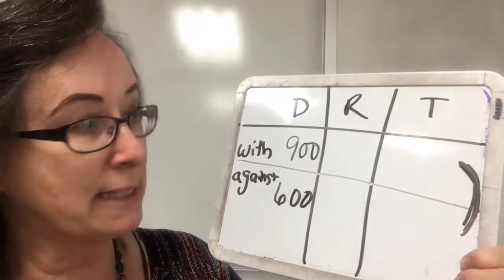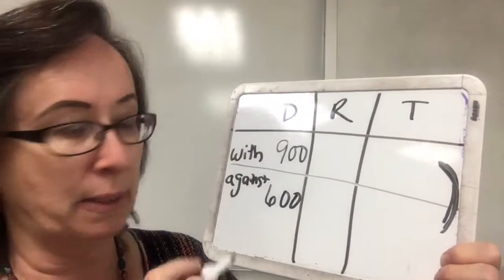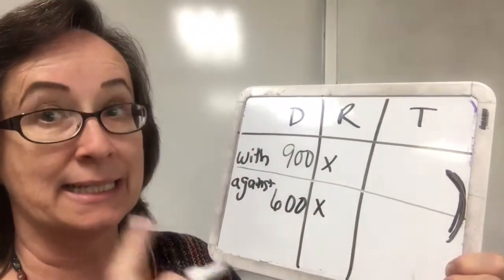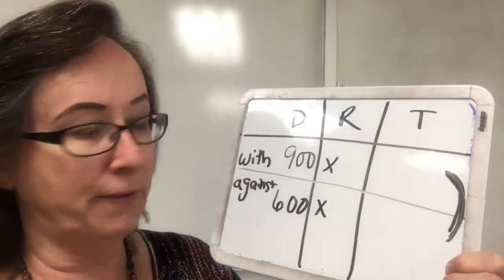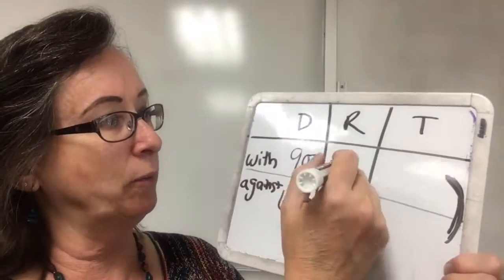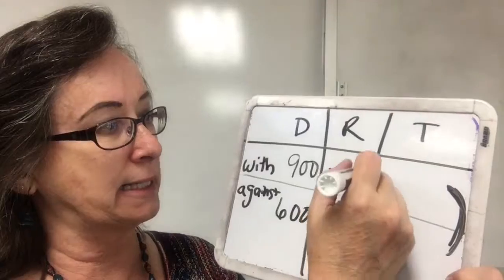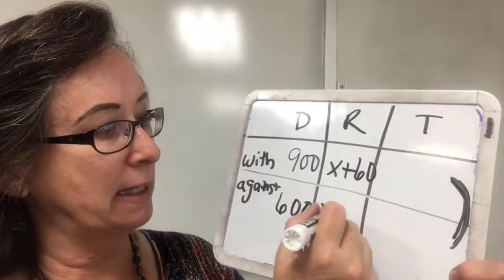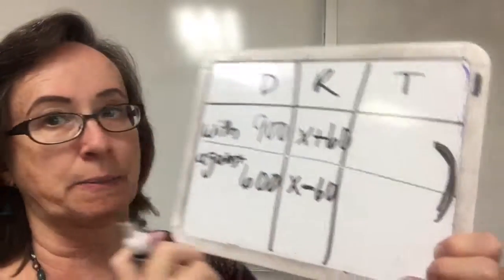Okay, what is the speed of the plane? So we're going to call that x, the speed of the plane in still air if the wind blows at 60 miles per hour. So with the wind is going to be plus 60 miles per hour, and against the wind is minus 60 miles per hour.